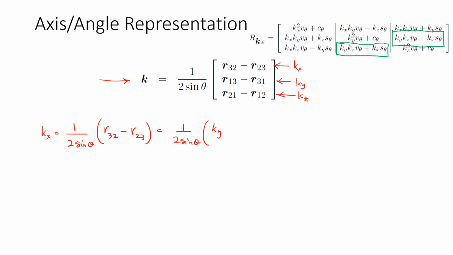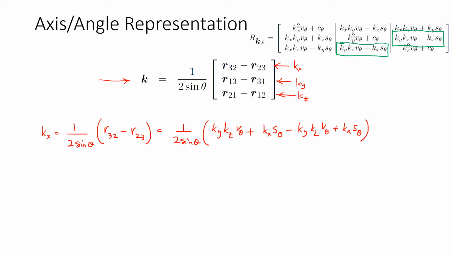ky kz v of theta, plus kx sine of theta, and then you have minus ky kz v of theta, plus kx sine of theta.